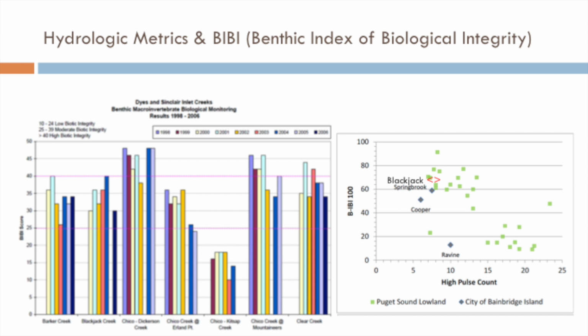And this is the baseline creeks in King County that they've used for RIRA 8, I believe, where they're looking at what the BIBI would be for the number of high pulse counts. So you can see that Blackjack, if we double it, is somewhere around here in the 70s. It's at the lower end or the lower slope of this trend line here.